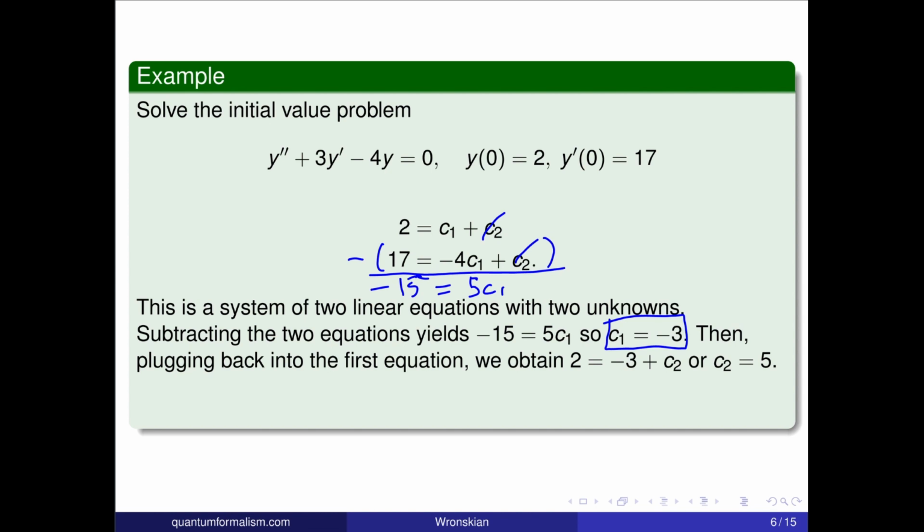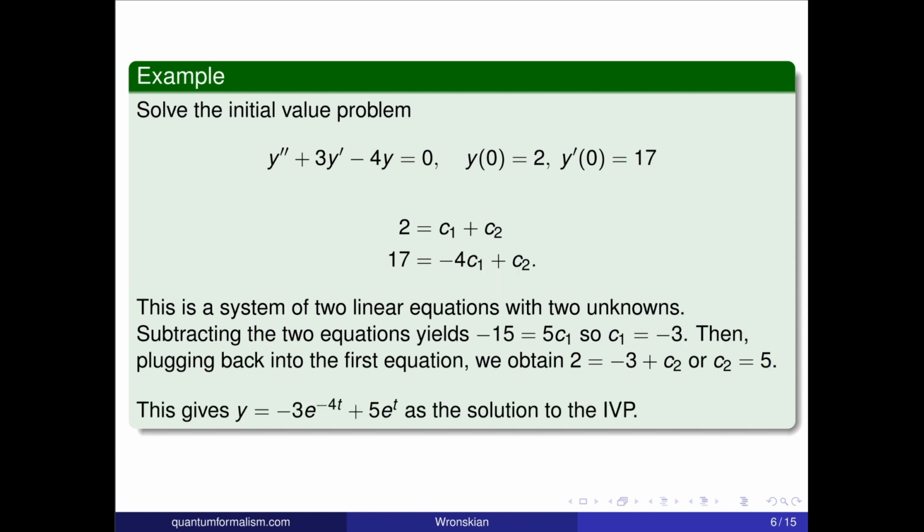And then if we plug that back into the first equation, we get 2 = -3 + c2, and that tells us that c2 is equal to 5. Okay, so we have y = -3e^(-4t) + 5e^t as the solution to this initial value problem. So we could find constants that actually worked. It involved a little bit of linear algebra, but it wasn't too bad.